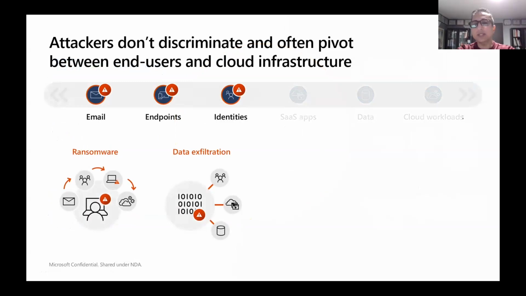Now, one thing to note is that attackers will use the path of least resistance. So you can see here that, yes, many times the common attack is through a user, whether it's an email and someone clicks something, or it's an endpoint. And of course, once an endpoint is affected, the identity is stolen, and then lateral movement happens on the user endpoints. And of course, there's a lot of damage that can happen from that side of the game.